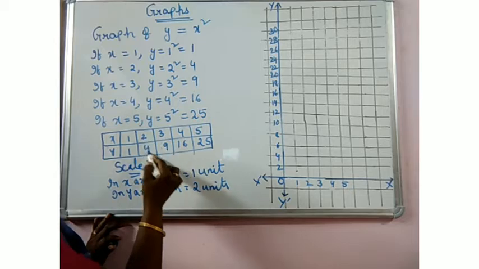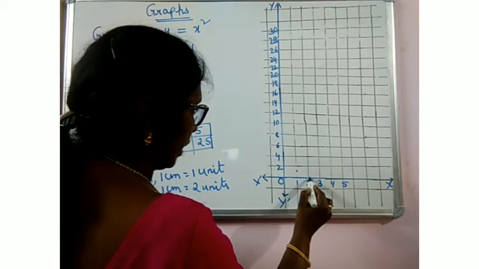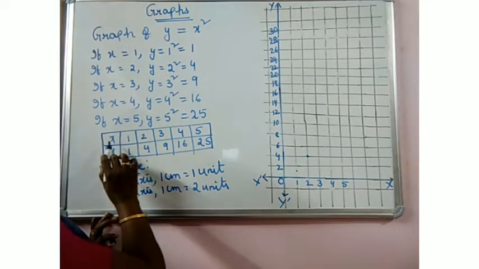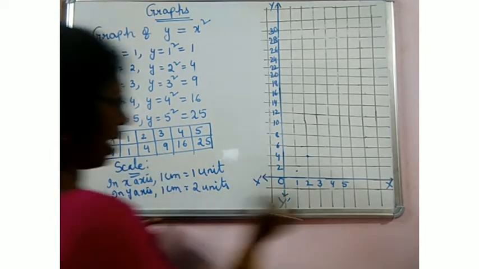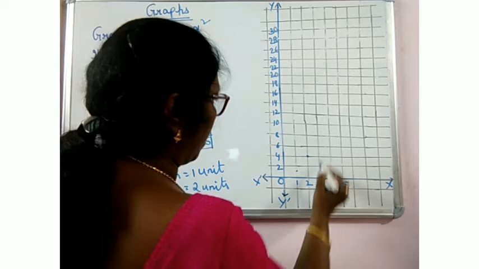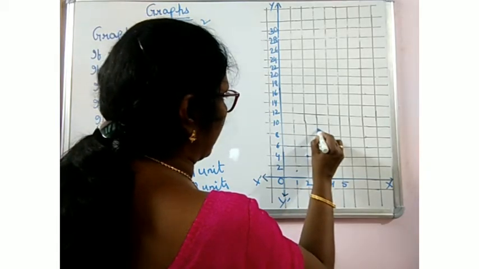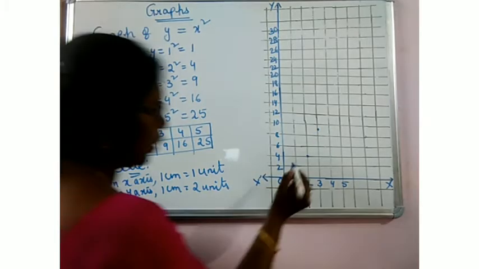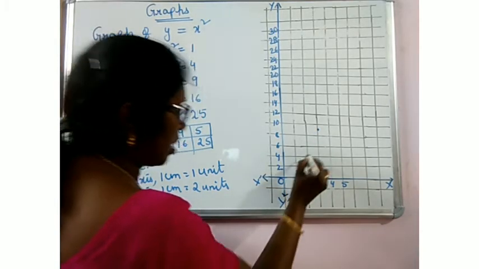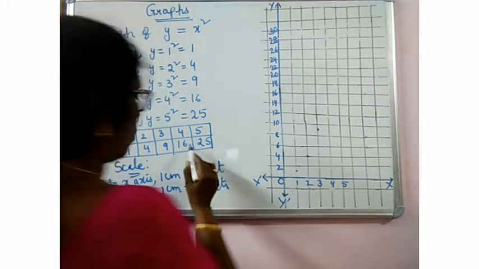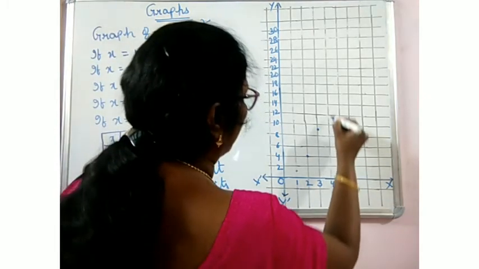And the next point is 2, 4. X coordinate is 2, Y coordinate is 4. This point. Next, X is 3, Y is 9. X coordinate 3, Y coordinate 9. 9 means in between 8 and 10. You see children, how I am plotting the points. Then X coordinate is 4, Y coordinate is 16.